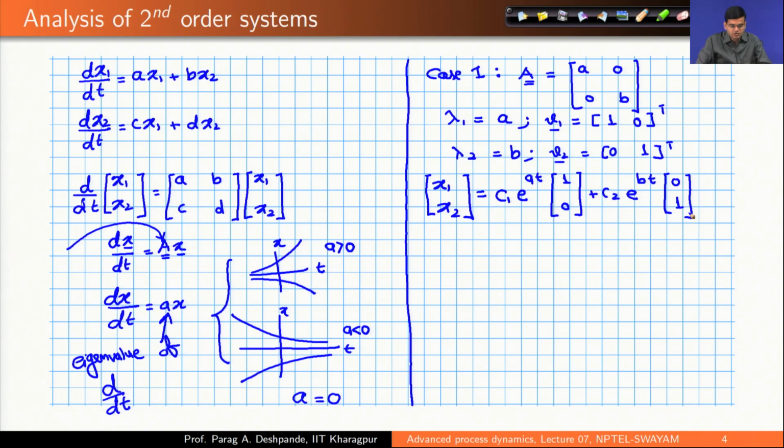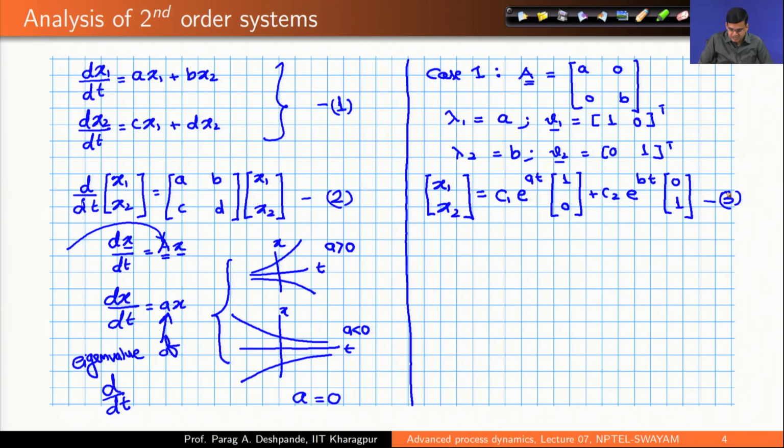The solution to the system of equations of the form which is given by equation 1 or the corresponding matrix equation 2 would be given by equation 3. Now, how would I determine the general behavior or nature of the solution which is given by equation 3? I will need to look into the magnitudes as well as the signs of the eigenvalues.